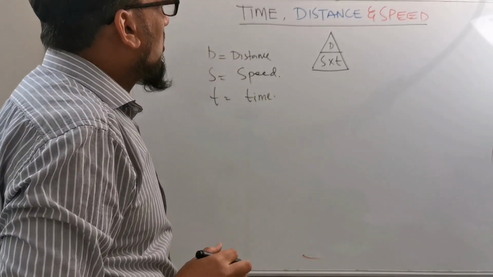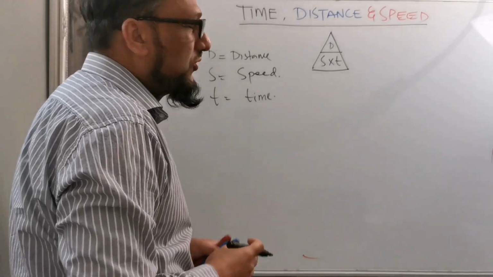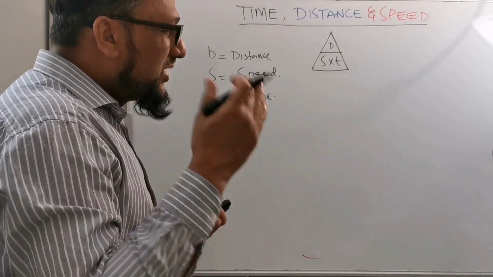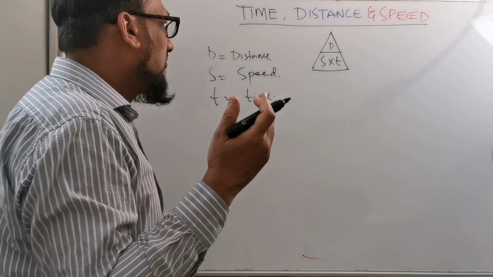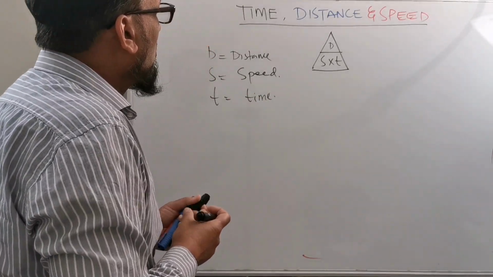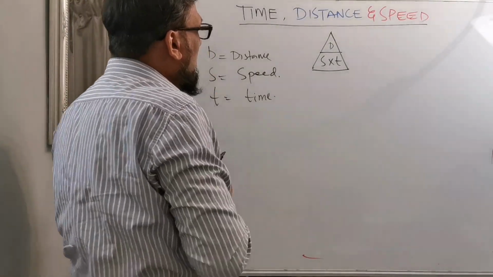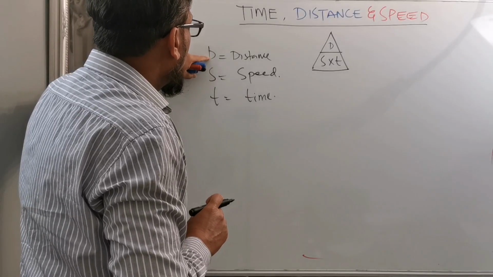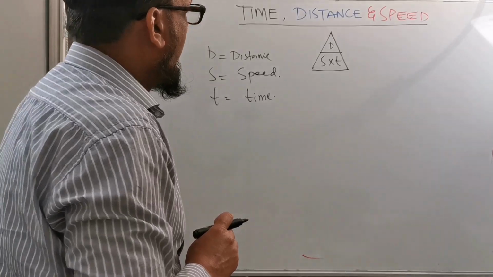If we want to work out the speed of any car, speed of aircraft, speed of any items, these are the elements: D, T and S.